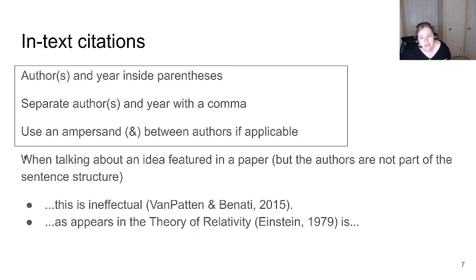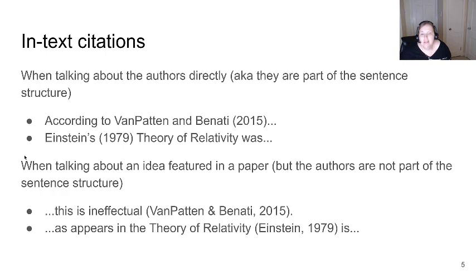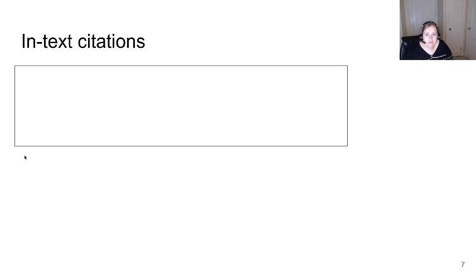And instead of an and, you must use an ampersand, right? So if I go back to these examples from before, you can see the very first bullet point is Van Patten and Bonatti with the word and, and the third bullet point is parentheses, Van Patten ampersand. That little curly thing's called an ampersand, and Bonatti, okay? And so those are different.